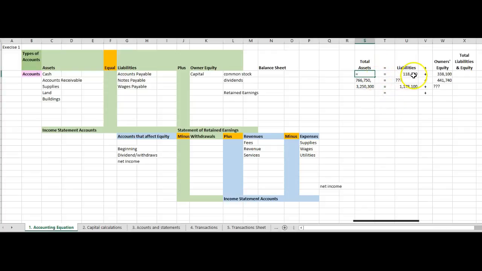If these two added together equal assets, to find total assets I add these two, and that gives me total assets of $456,100. The next one gives us total assets and owner's equity, but not liabilities.